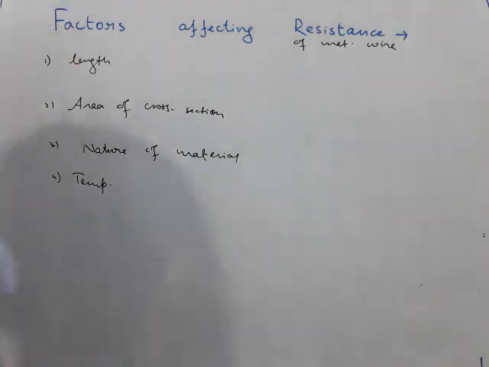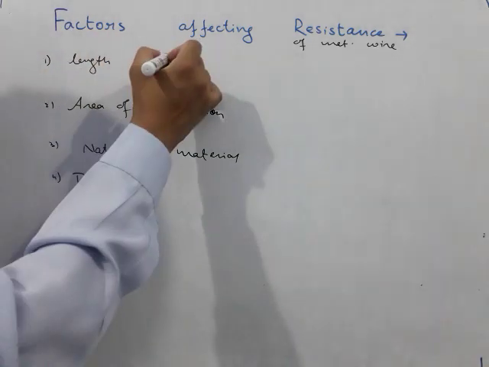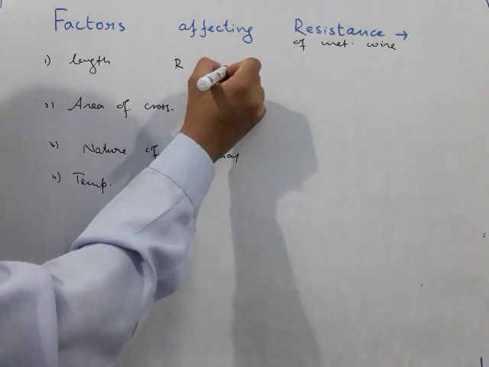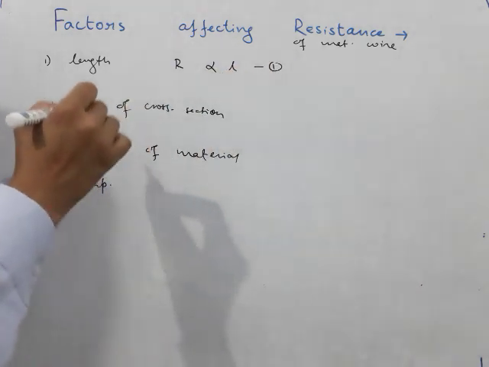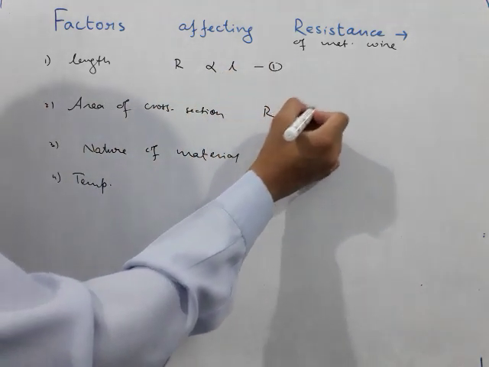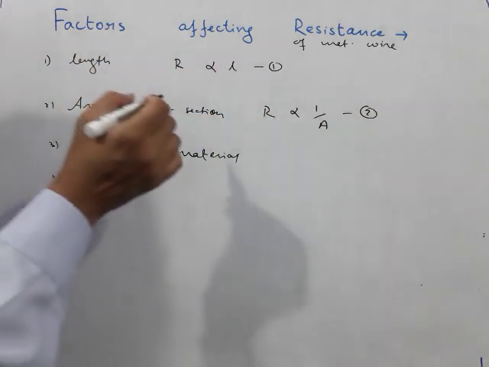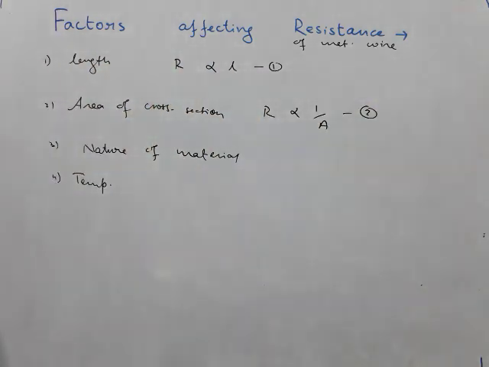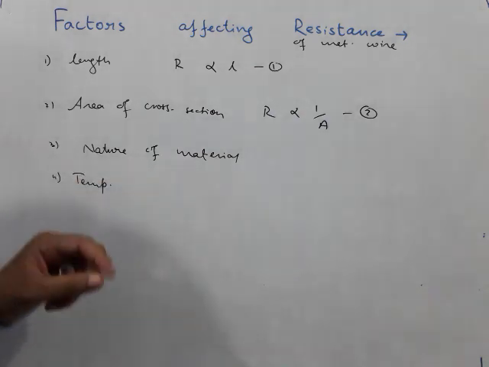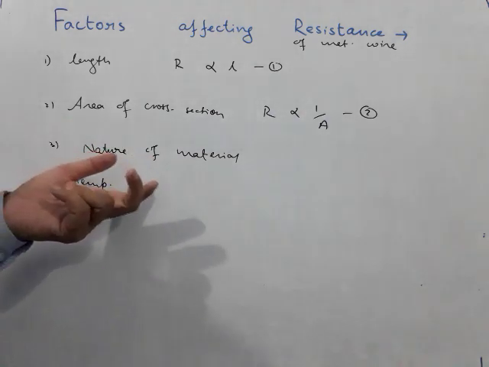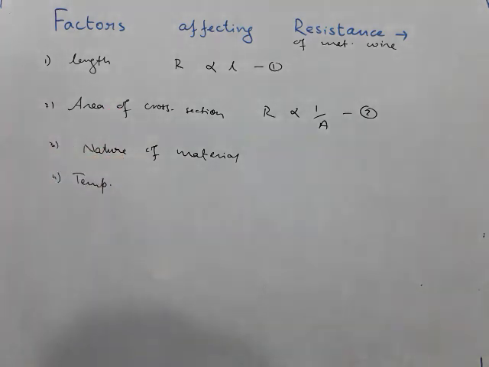Length, you must have been taught that resistance for a metallic wire is directly proportional to length, and it is inversely proportional to area of cross section. I will not discuss much about this. And it depends upon nature of material. For example, for a material of given shape, size, length, etc., copper will have lesser resistance than iron because they are of different materials.